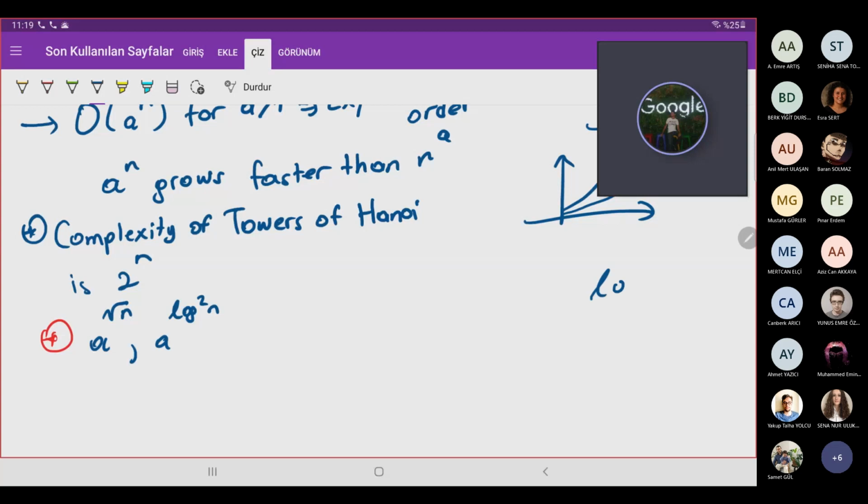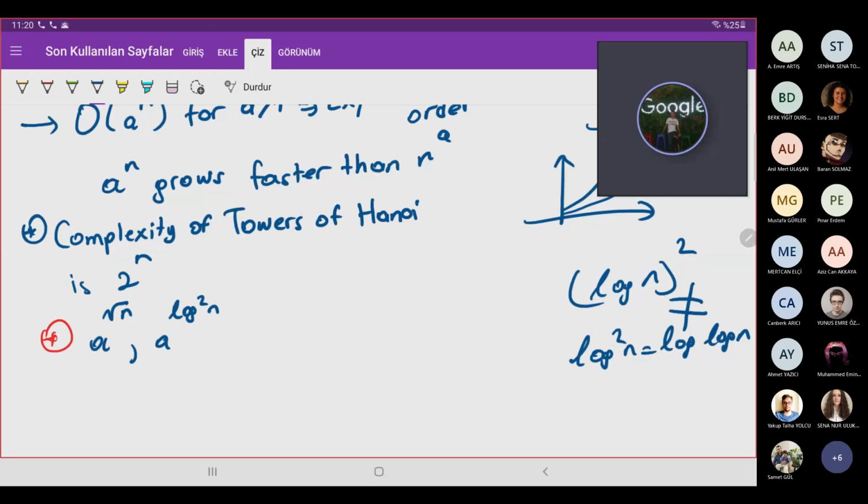Otherwise, I would have said log n square, okay? Log square n is different. This is polylogarithmic, that's what we have said. When I take the power to log, I imply that I take logarithms multiple times. But this is not like taking the logarithm and multiplying it with itself. Okay, they are different things.